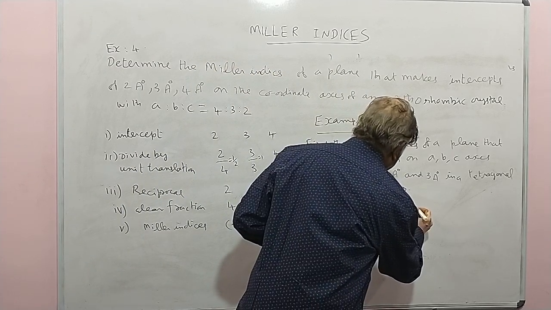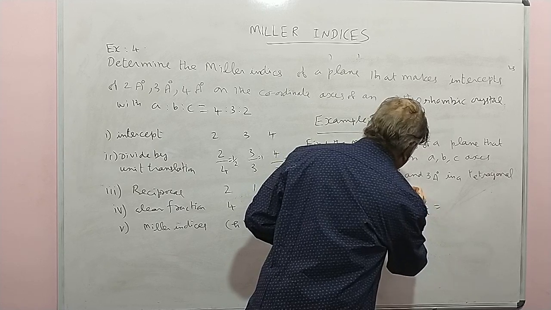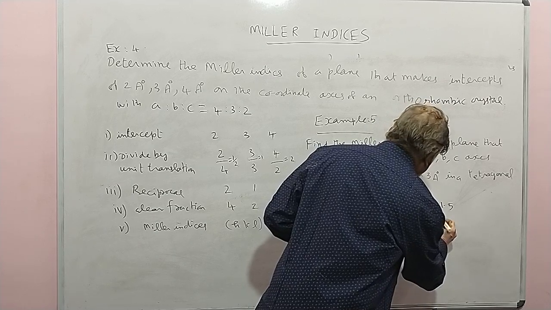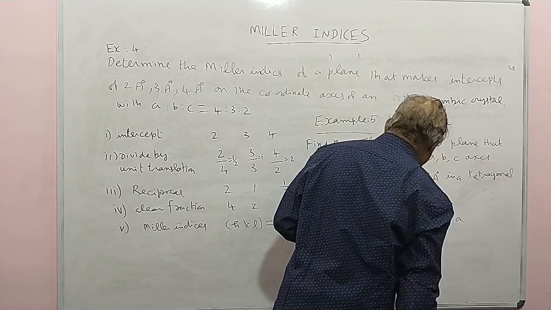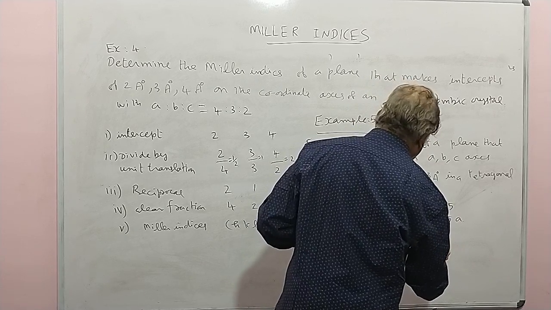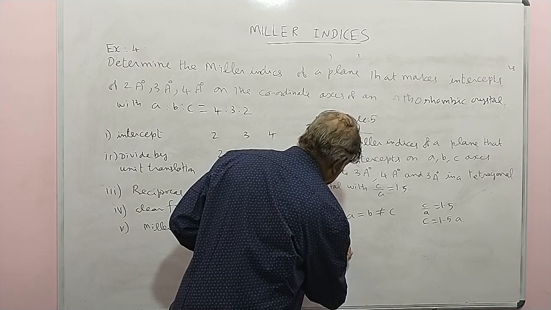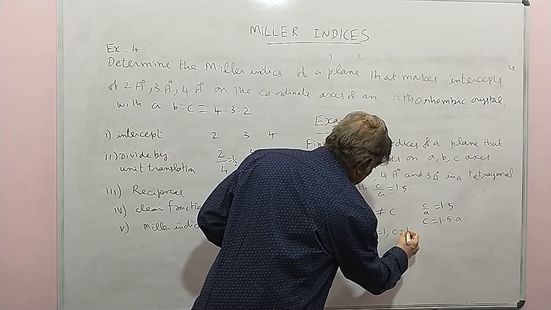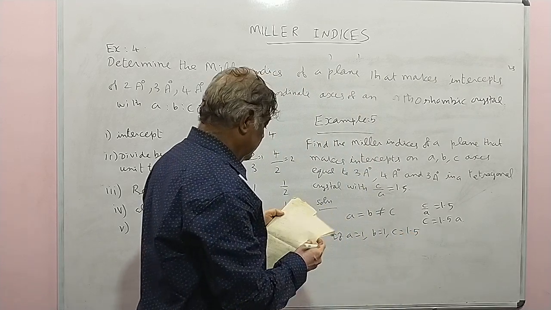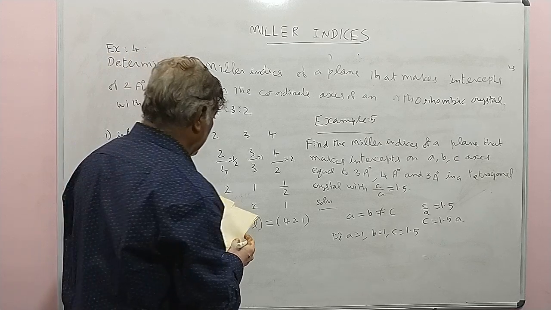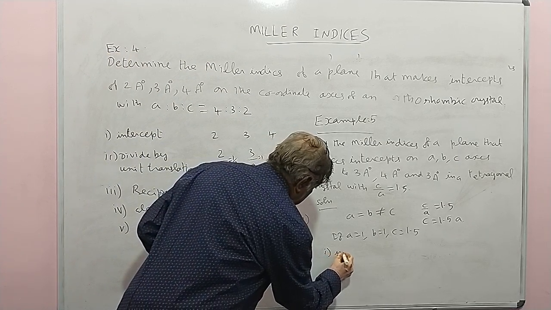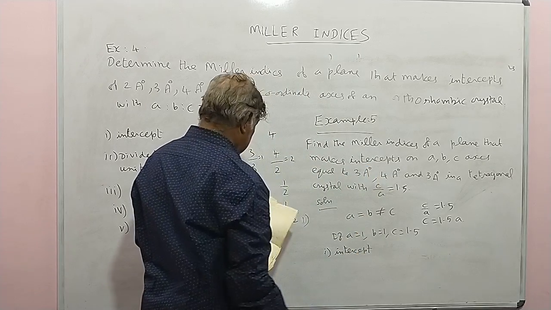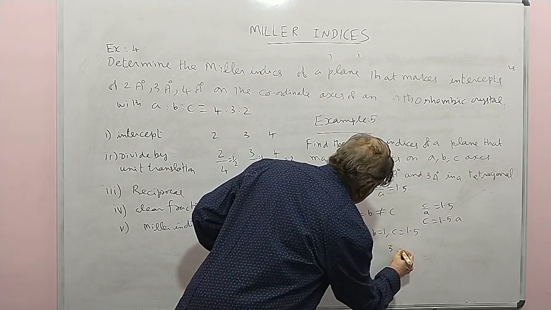Here it is given C by A is also equal to 1.5, or C is equal to 1.5 A. So if you assume A is equal to 1, B is equal to 1, C is equal to 1.5. So first you write down the intercept. The intercepts are 3, 4 and 3. So write down the intercept 3, 4, 3.